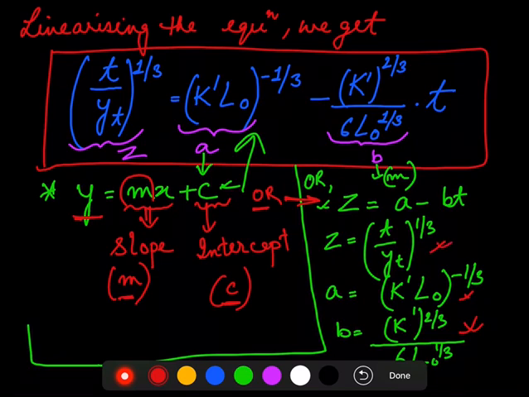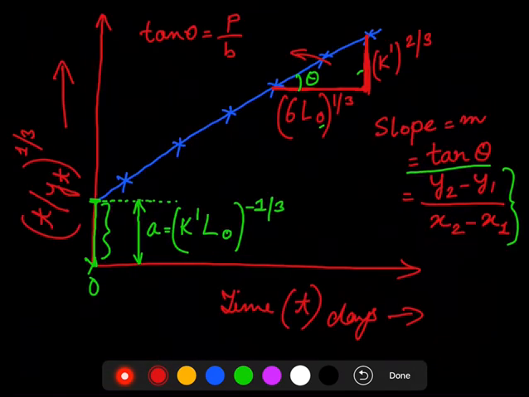Like this you can represent. Okay, and then a graph is plotted to show you how things are done. On the y axis you take yt, which is equal to z as per the representation, and on the x axis you take time, and then you plot the points and you will obtain a straight line, where the intercept is at time t equals 0, that is 0 days.